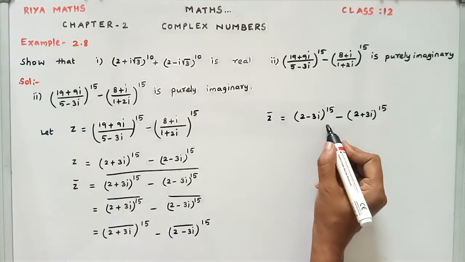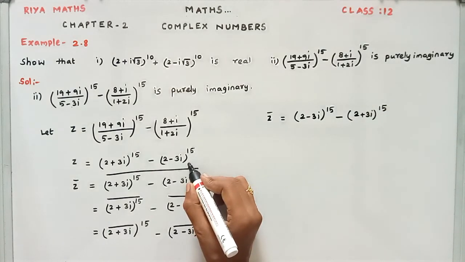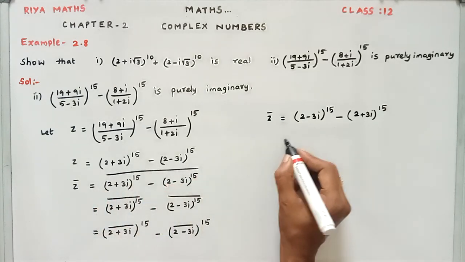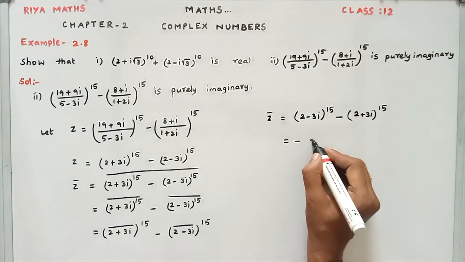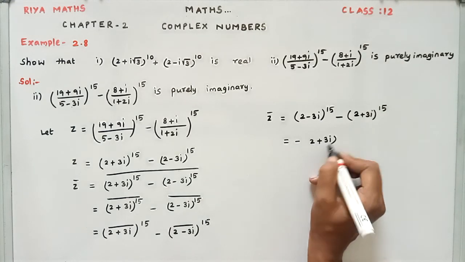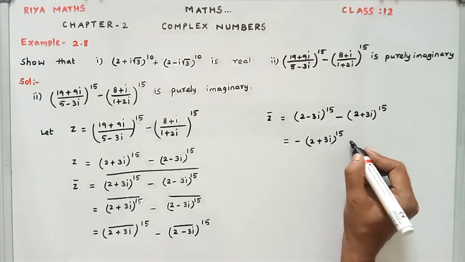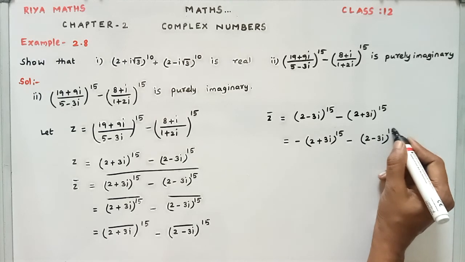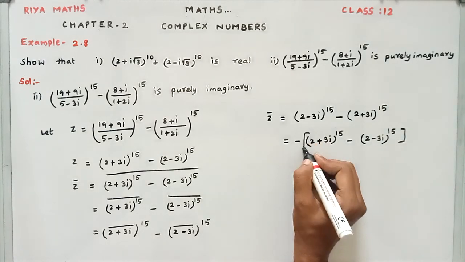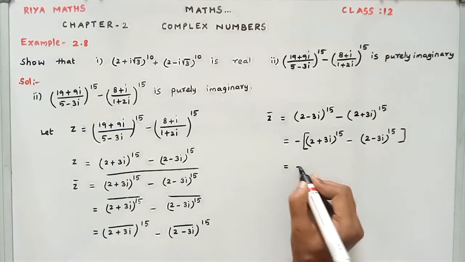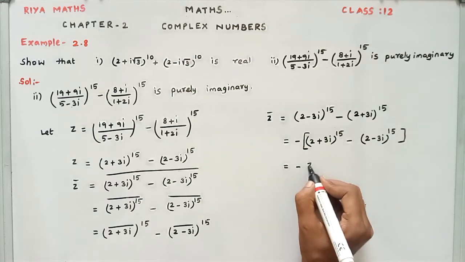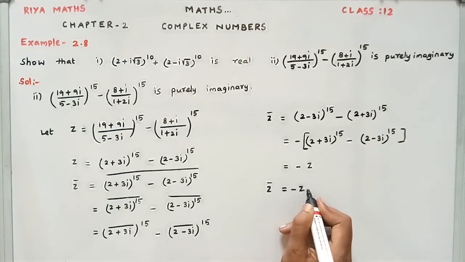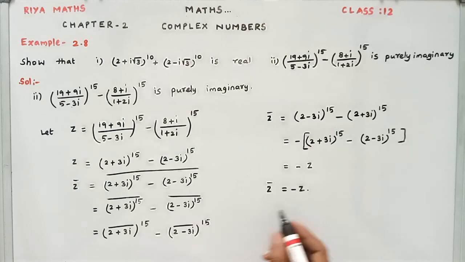Here we just compare with the question z. First you have the positive term, the second one is negative. So take one minus outside. So you get (2 + 3i)^15 − (2 − 3i)^15, which is equal to minus this value as z. So z bar is equal to minus z. This is the result we want to prove.